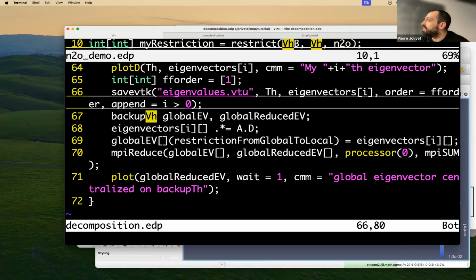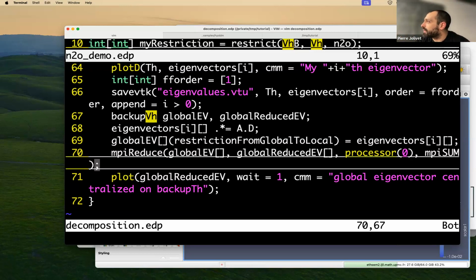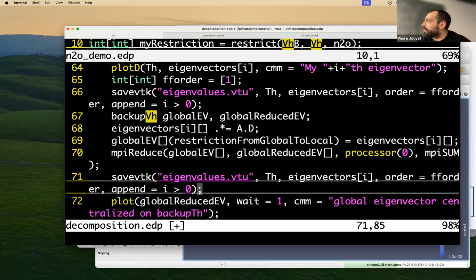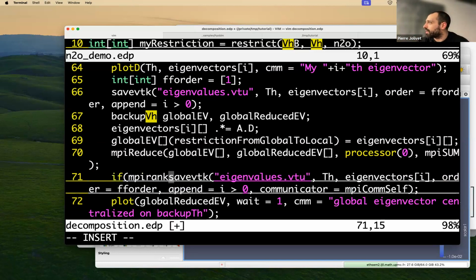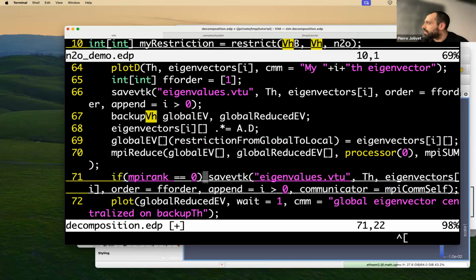And so you can use an additional parameter, the communicator parameter, and you can say that you only want to output on a local communicator. And as we've seen yesterday, the local communicator is MPI self. This is meaningful only on the first process, so if MPI rank equals 0.